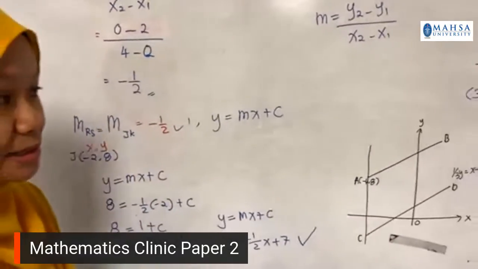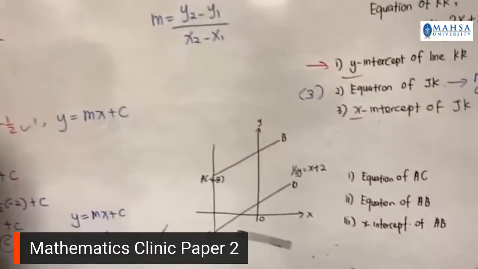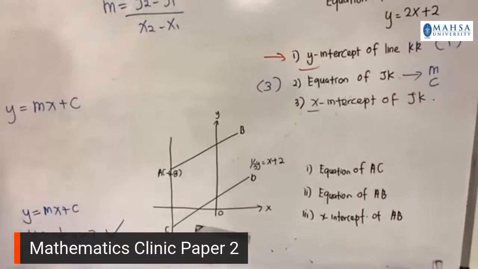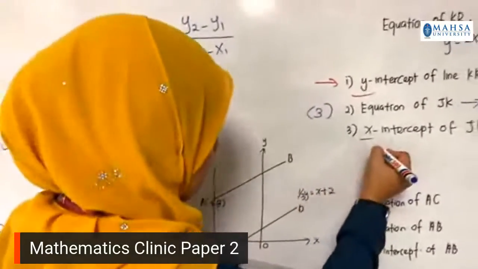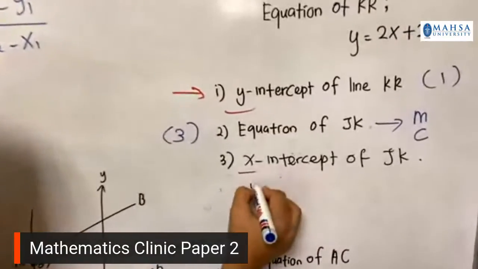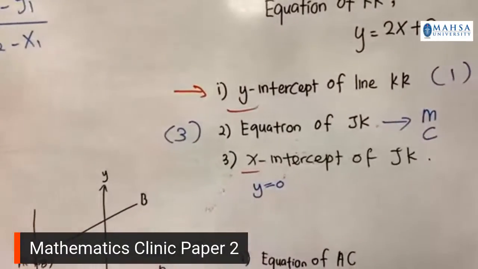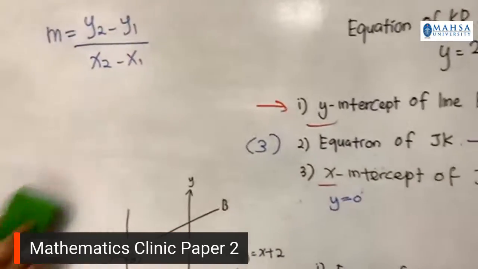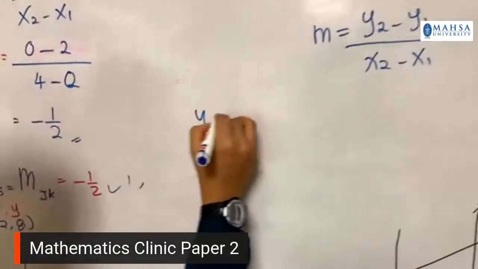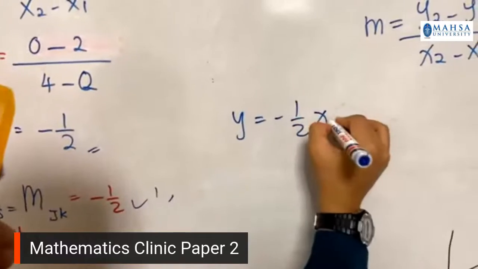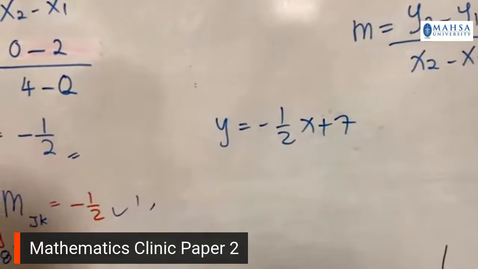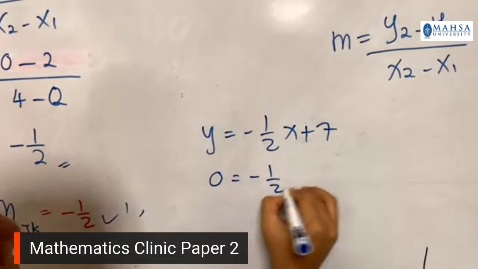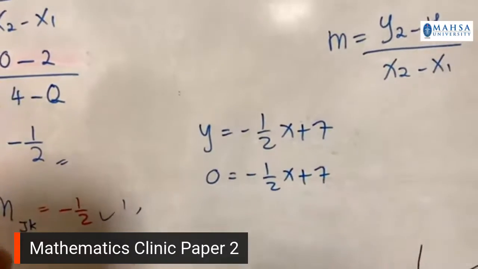We look at the last question, which is you need to find the x-intercept of JK. The x-intercept means y equal to 0. So by using the formula of JK, what is your JK formula? y equal to -1/2 x plus 7. So we substitute y equal to 0: 0 equals -1/2 x plus 7.